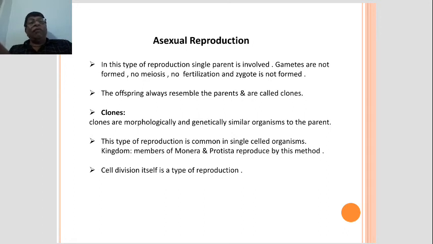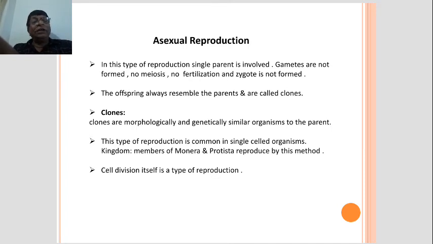We know the definition of asexual reproduction. In this type of reproduction, a single parent or only one parent is involved. Involved means taking part in reproduction. Very important point is the gametes are not formed.